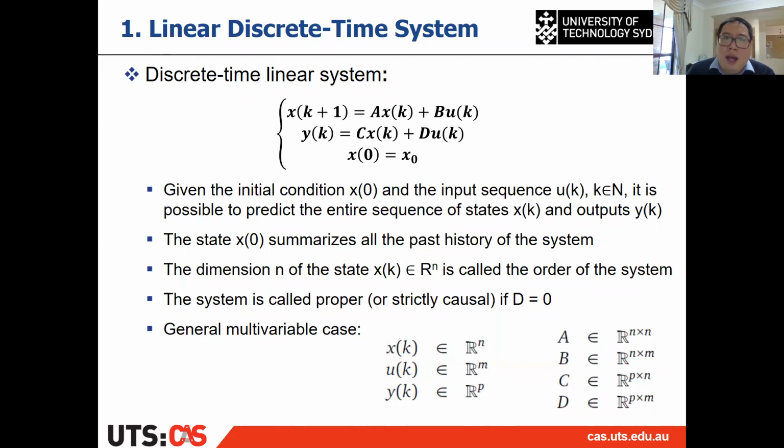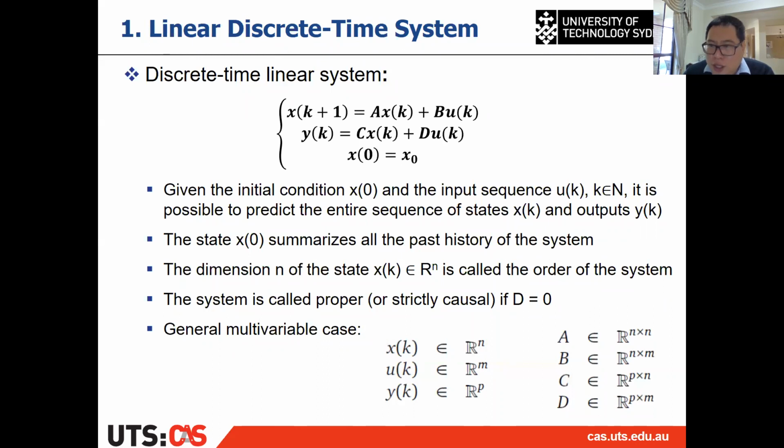This is the same as what we have for the linear continuous time system. But the solution is different. So why we can do that is because we have the solution of it, right? But the solutions for the continuous time system and discrete time system are different. So which means we can still do that, but the answers are different. All right. So the x0, I think I remember that I mentioned that in the linear continuous time system as well.